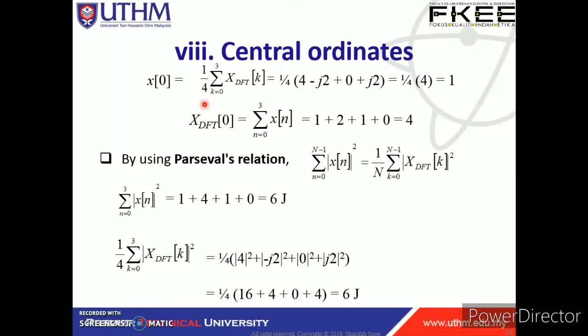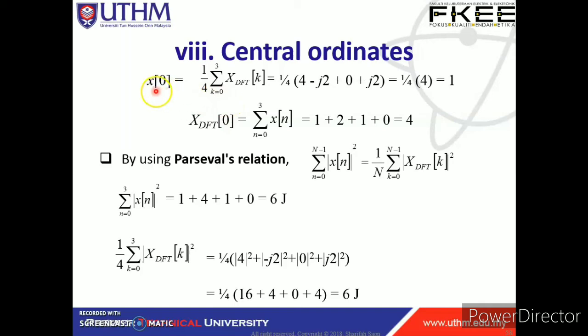In our question, the number of samples is 4, so 4 divided by 2 is 2. Therefore, we can find x[2], the discrete signal, and also X_DFT[2], where k is equal to 2. This is the central ordinates.